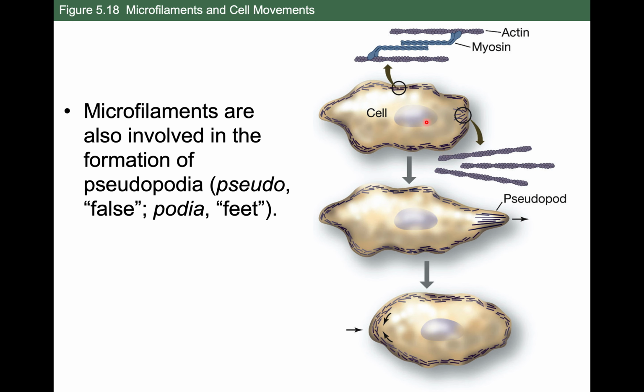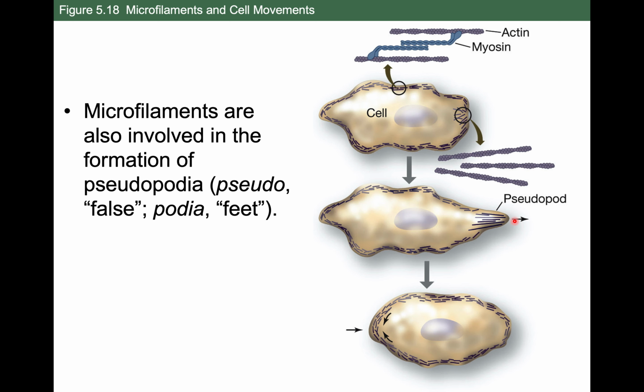And if this cell wants to move, and in this case it's going to move off to the right, the microfilaments at the right side of the cell, just under the plasma membrane, will all start elongating. So we will add more of those actin monomers.